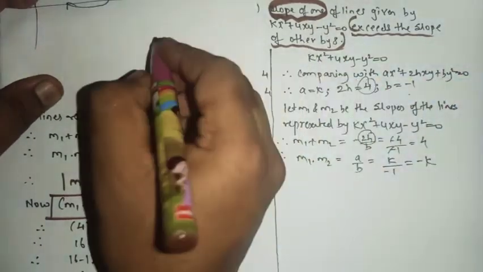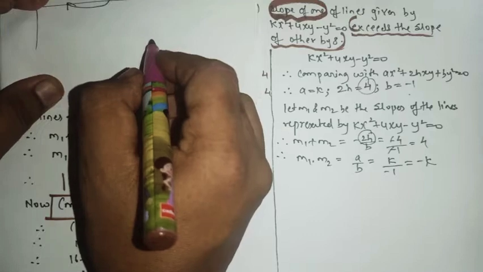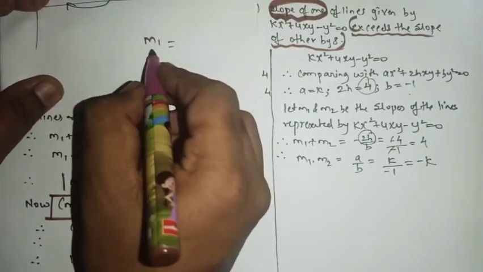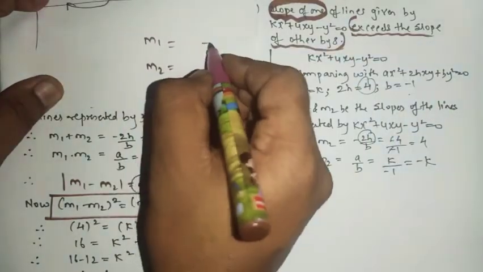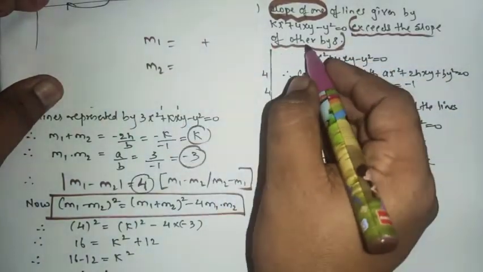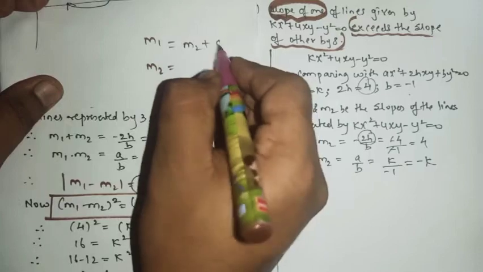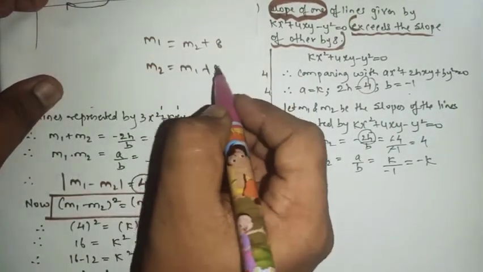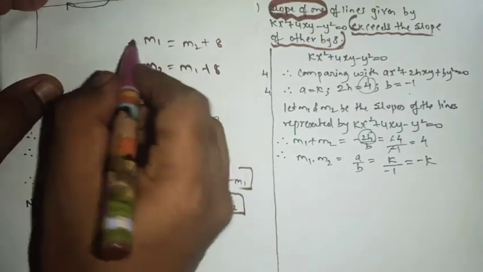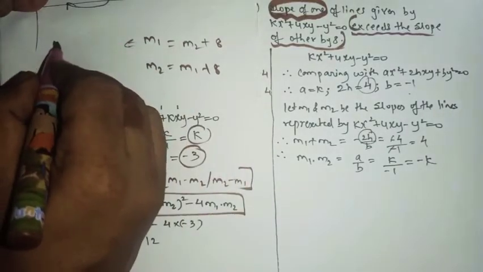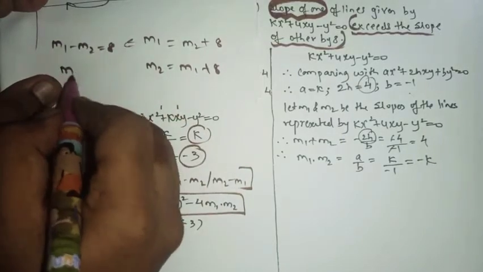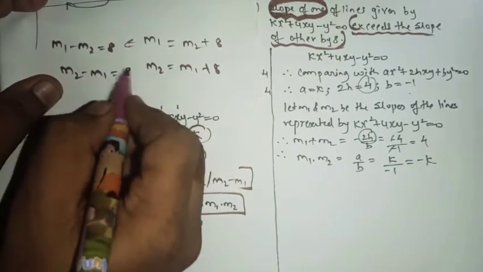We don't know first which slope will come, m1 or m2, but it says one slope exceeds, that means plus, the other slope by 8. So m1 equals m2 plus 8. Bring m2 this side and you get m1 minus m2 equals 8. Here you will get m2 minus m1 equals 8.